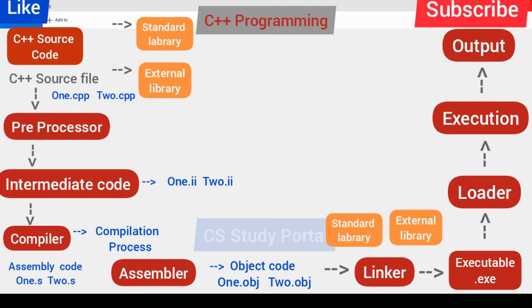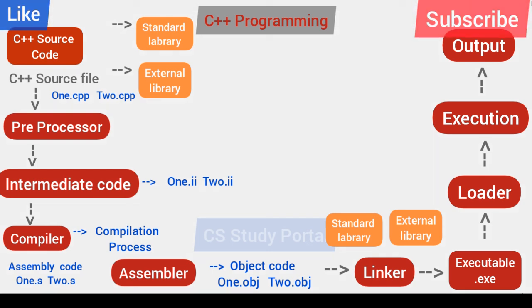If you want, you can perform all these steps individually, or you can just type in one command and all these steps will be performed, and you will get the executable file. Here I have simplified a lot of things, and my goal was to give you an overview.